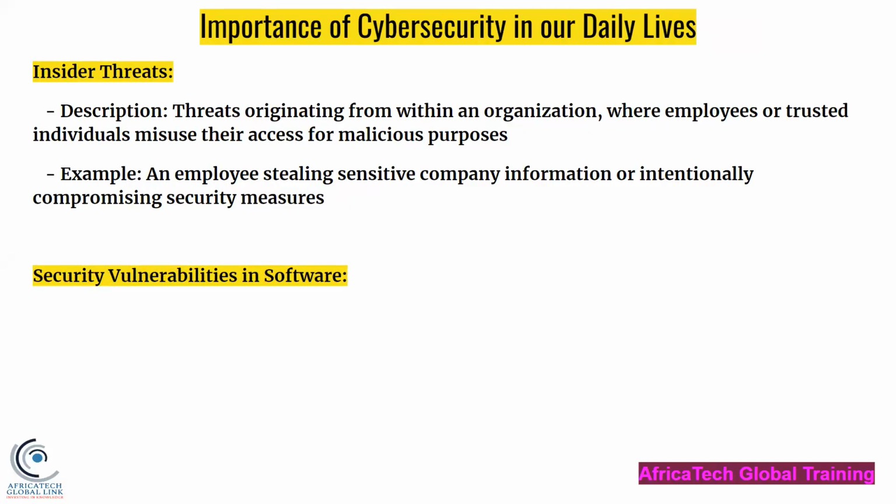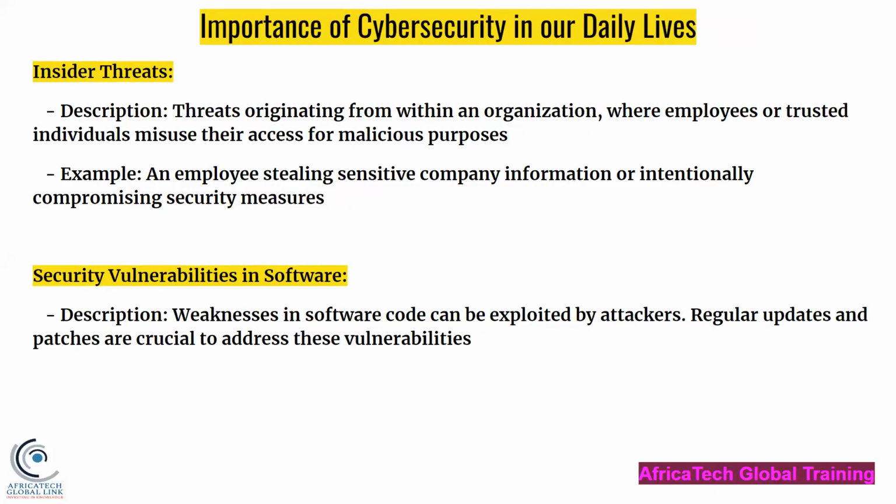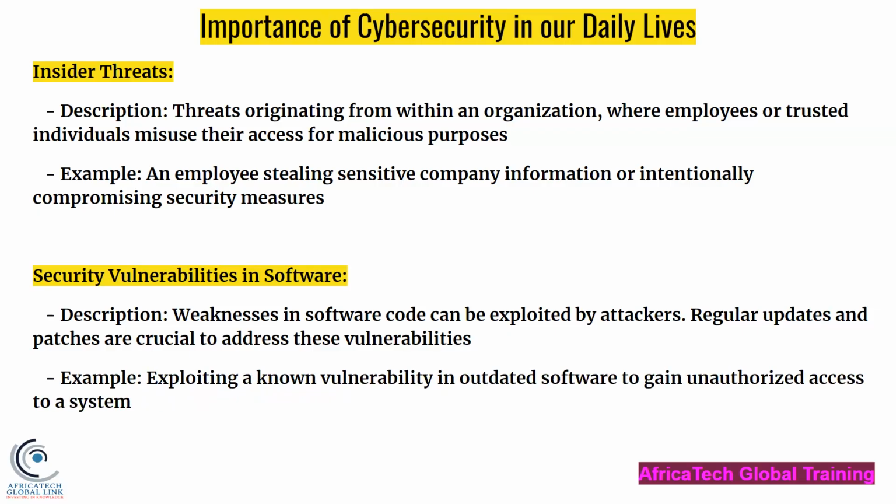Security vulnerabilities in software. We have weaknesses in software code that can be exploited by attackers. Regular updates and patches are crucial to address these vulnerabilities. For example, exploiting a known vulnerability in outdated software to gain unauthorized access to a system.